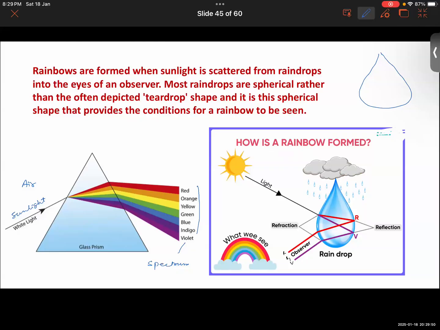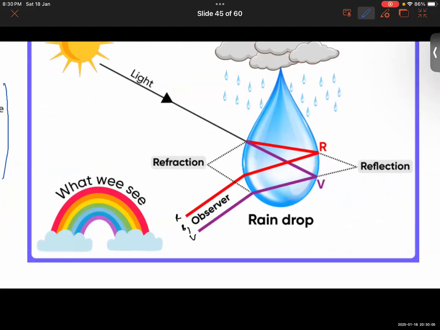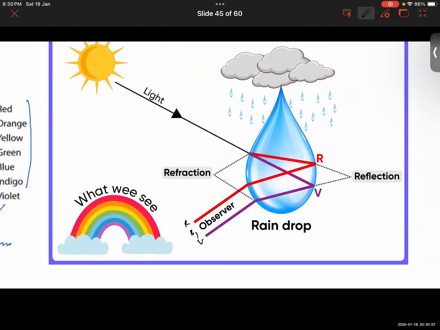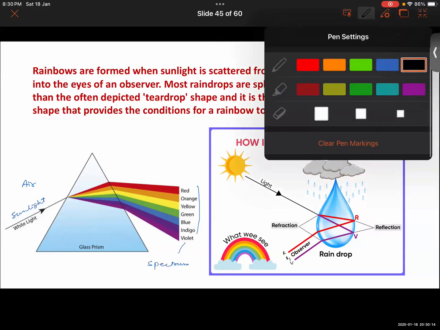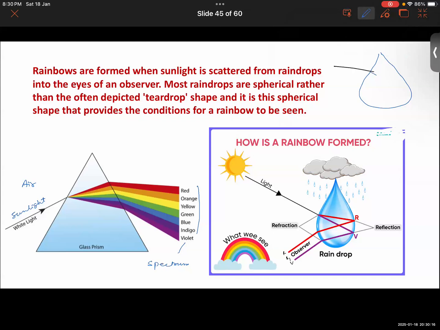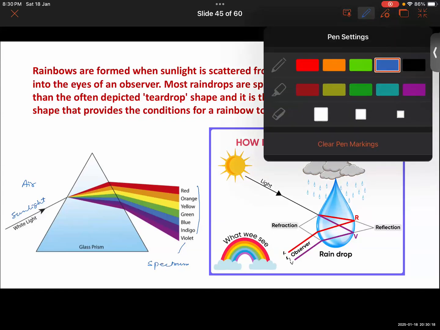And rainbows are basically natural examples of the dispersion of light. In the case of rainbows, these tiny raindrops behave as glass prisms, and when the rays of light pass through them, they start to bend, and the bending of light is called refraction.